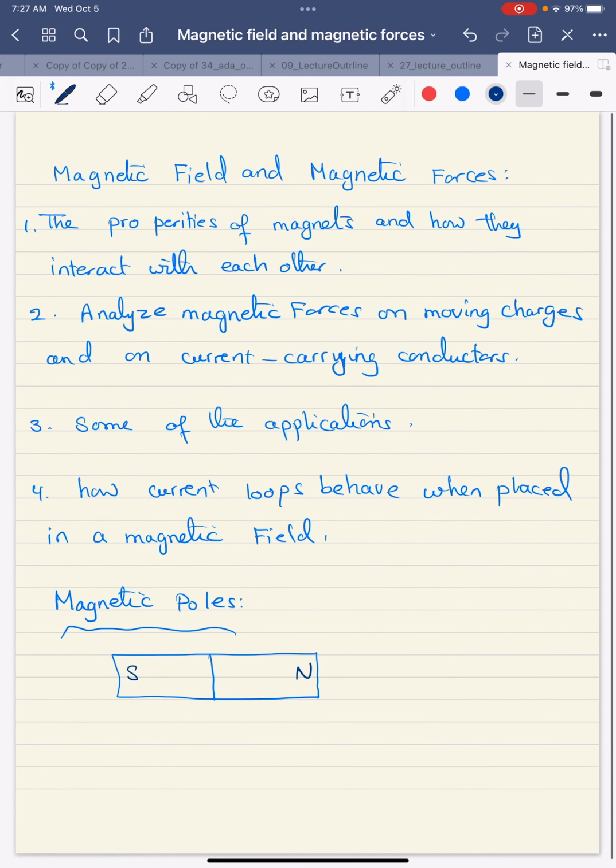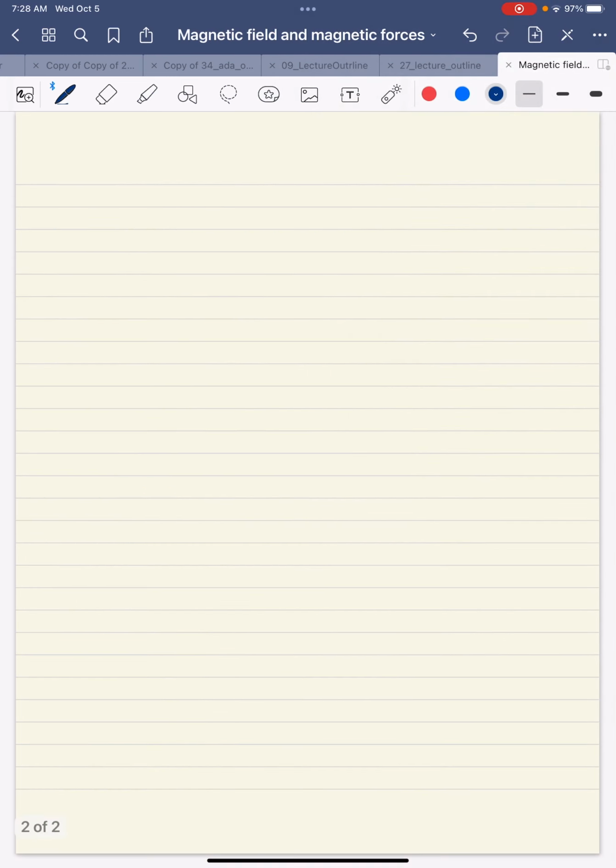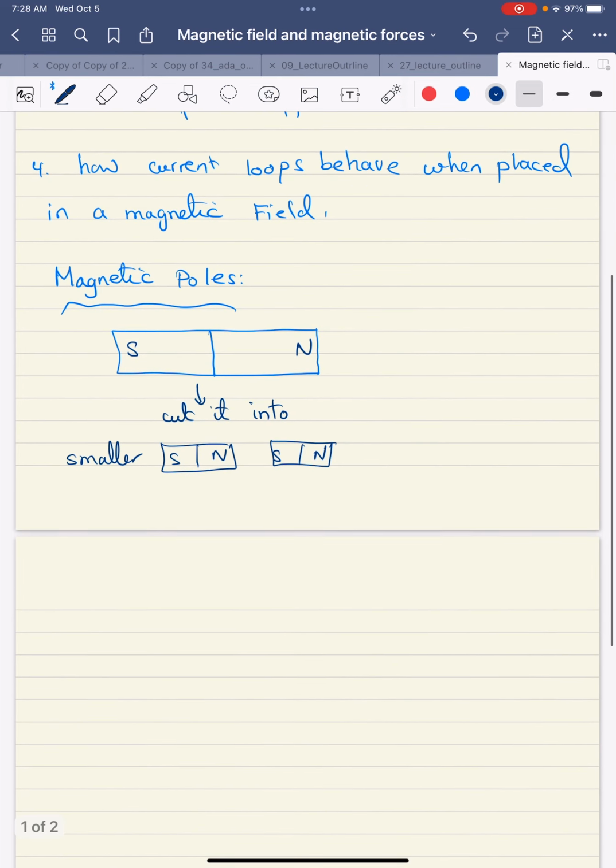For every magnet, we are going to have a South Pole and a North Pole, even if you cut it into smaller pieces, let's say in half first, then you're gonna get two magnets again, south north, and cut more. Even the smallest magnet is gonna have the south and the north.